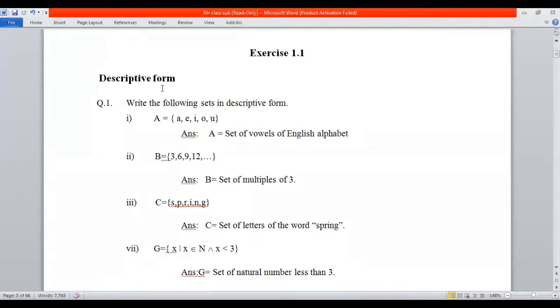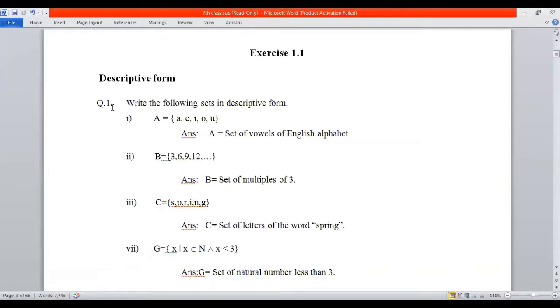It means in the form of a sentence, just like if you say the set of natural numbers. So when you write this statement, the set of natural numbers, this is the descriptive form.